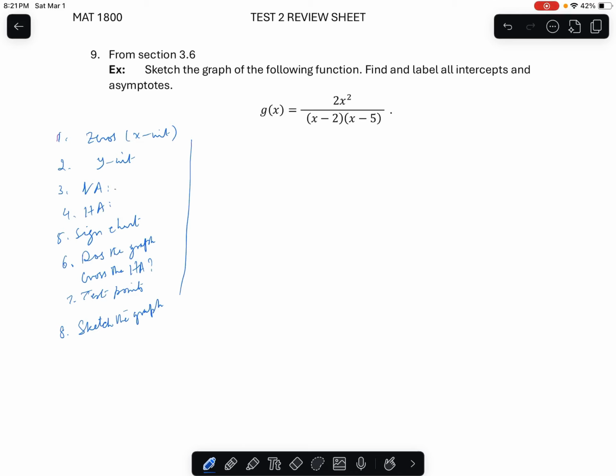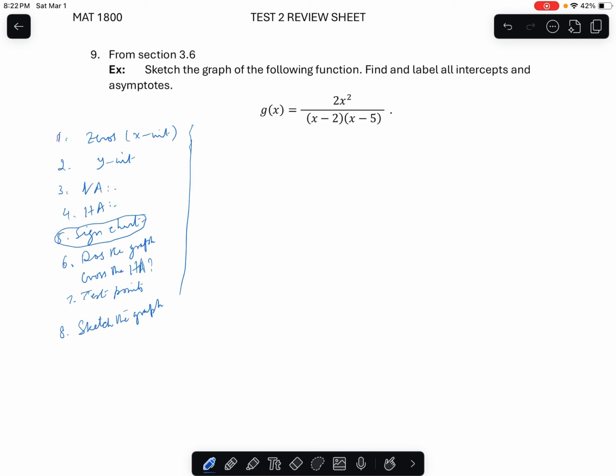VA, HA. Basically, for some of these you just look at the function and you can tell what these are. There's not much work to do. Then you have to do the sign chart. So this is very, very important. There are points for each one of these that I am writing here. Then we can check, does the graph cross the HA or not?